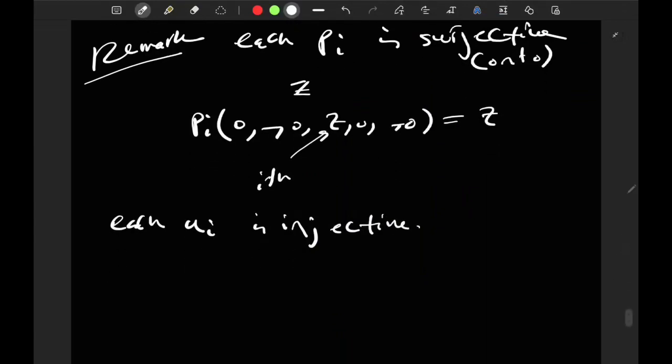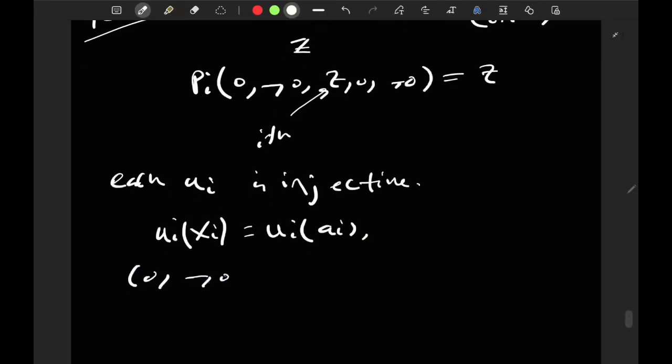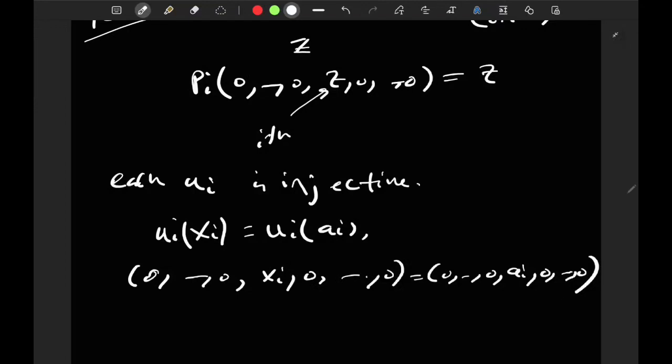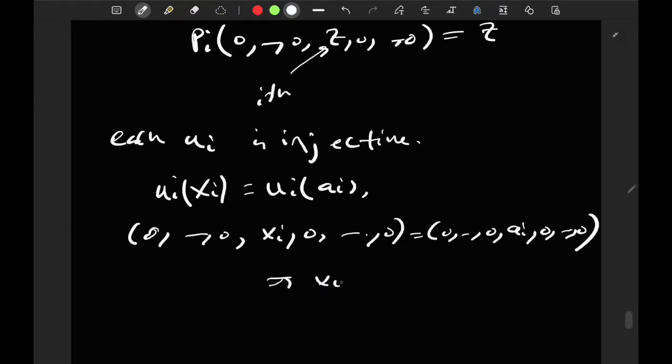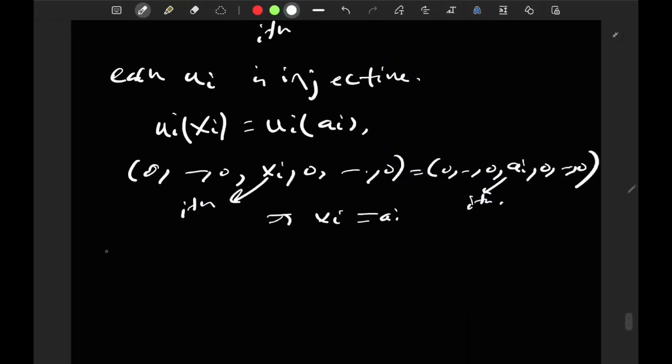Why? Because if u_i of some x_i equals u_i of some a_i, then (0, ..., x_i, ..., 0) equals (0, ..., a_i, ..., 0), and this implies that x_i is equal to a_i because both of them are at the ith position. So indeed u_i is injective and p_i is surjective. That's true for every i.